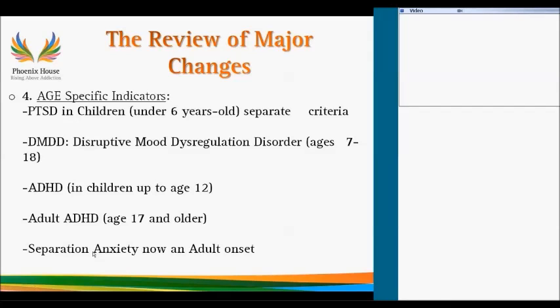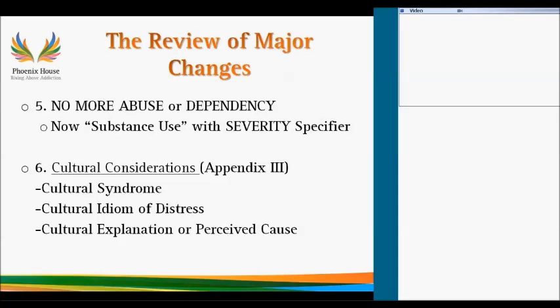One of the main criteria about borderline personality disorder is fear of abandonment, and reckless attempts to avoid abandonment, real or imagined. That can very much look like separation anxiety. So that's a differential diagnosis you might want to pay attention to. No more abuse or dependency. We are now calling everything substance use with the severity specifier.